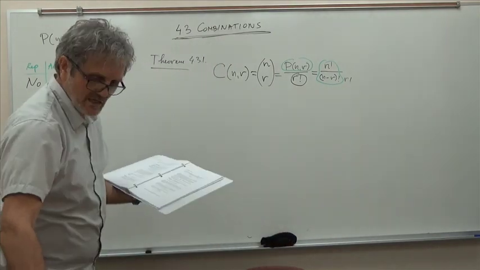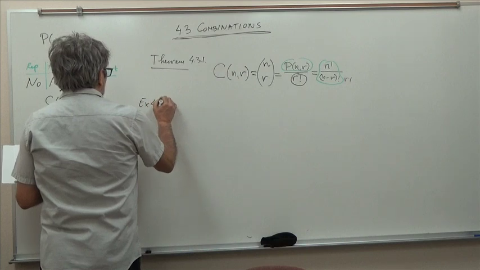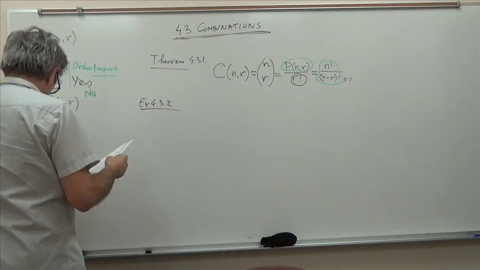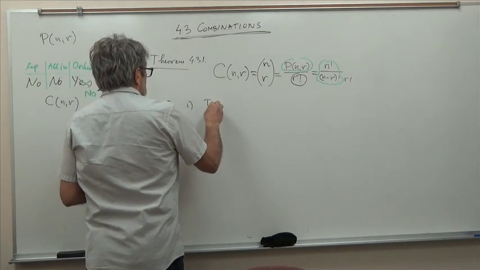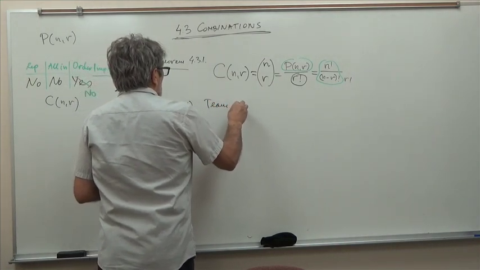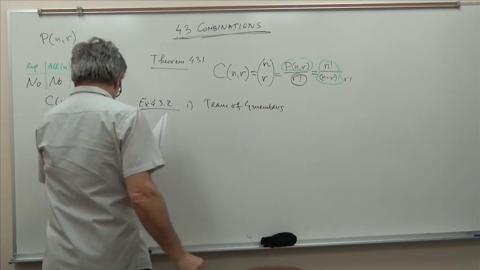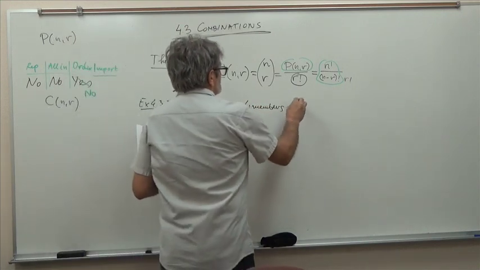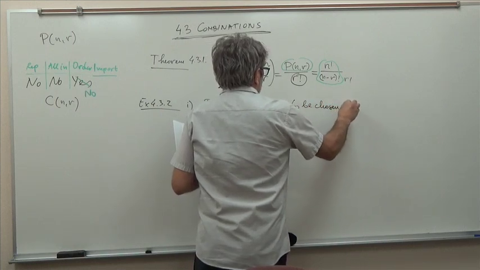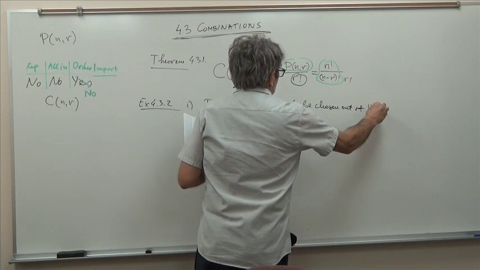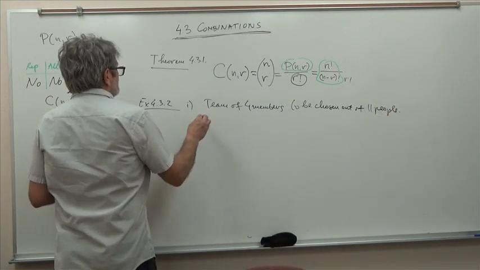So here it is, example 432. Example 432, it says the following. 1. A team of 4 members to be chosen out of 11 people. In how many ways can we do that?